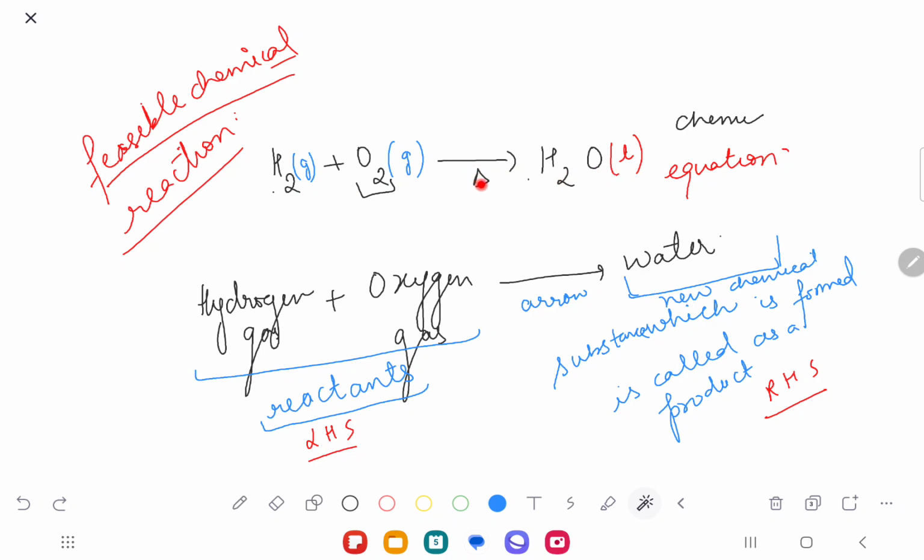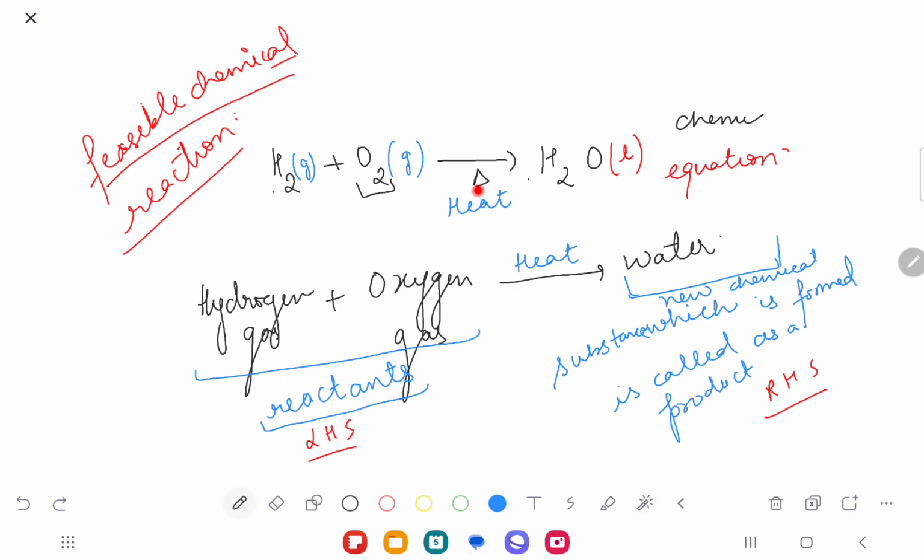And this delta symbol, this triangle that I'm marking right here, represents heat. If I have to write it in full form, I would write heat, but to put it into symbolic form, the symbol for heat would be the delta triangle.